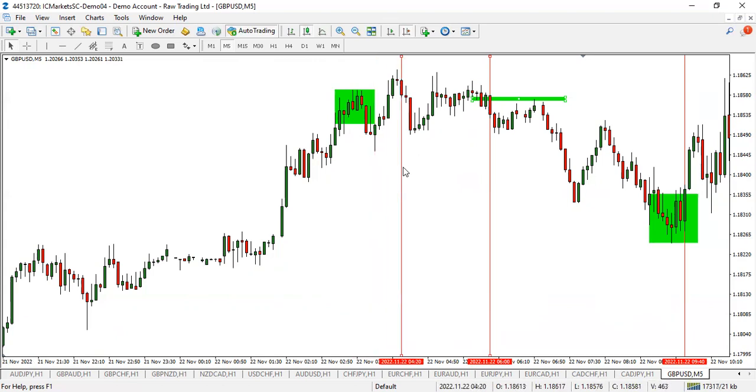So have a look at this one. Here is the neckline. This is the neckline here. And the candle that broke this neckline convincingly is this bullish candle. So because it closed bullish, you shouldn't enter.